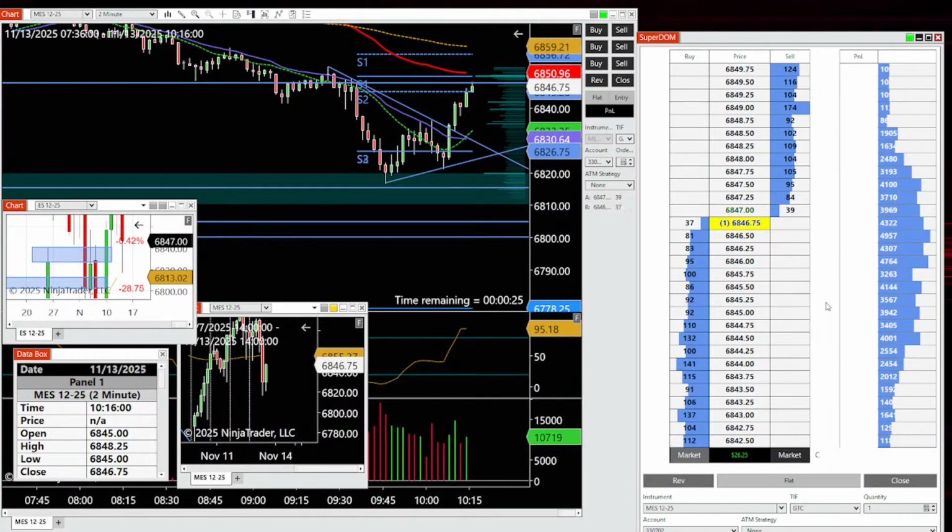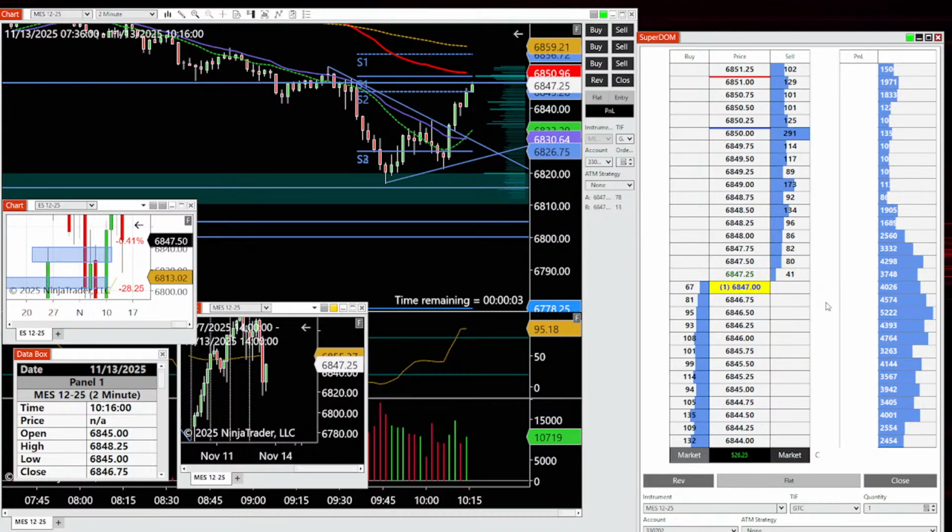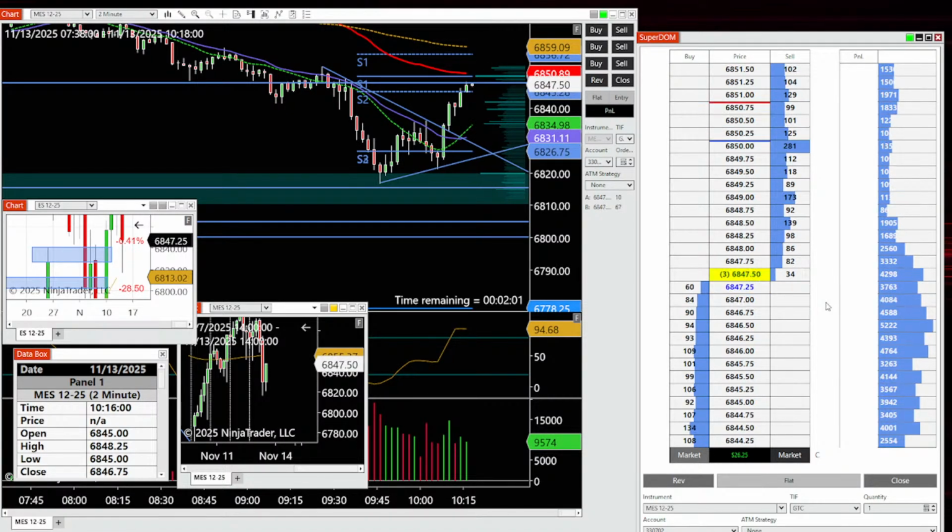15-minute bar looks like it's trying to hold up. So you want to test back the VWAP. Okay, 47 is cracking. 47 is cracking.